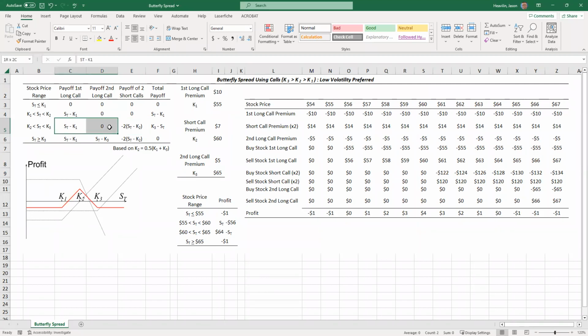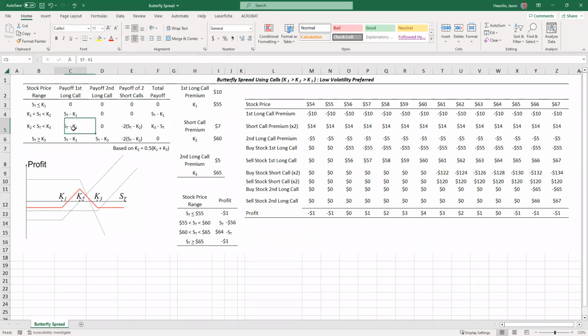So when we net these 3 out, you end up with K3 minus stock price. The way that plays out, when you have, let's say, -2 times the stock price, netted out with this positive stock price here, it leaves you with 1 negative stock price.